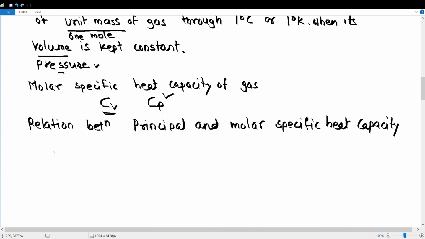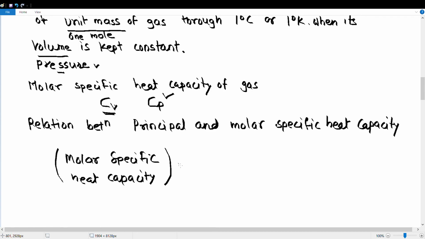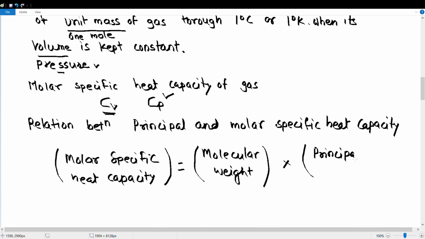It is given by this equation: the molar specific heat capacity is equal to the product of molecular weight times the principal specific heat capacity.